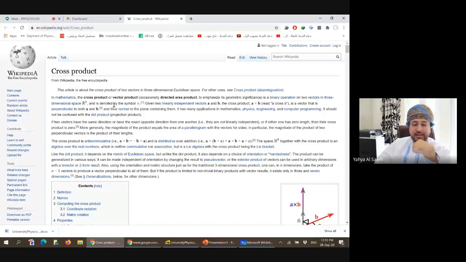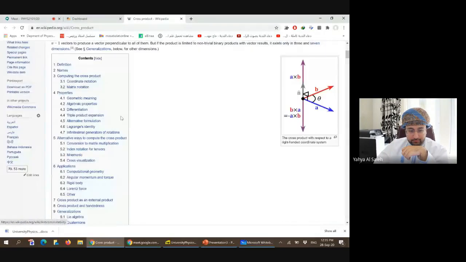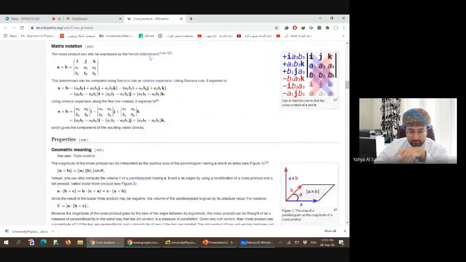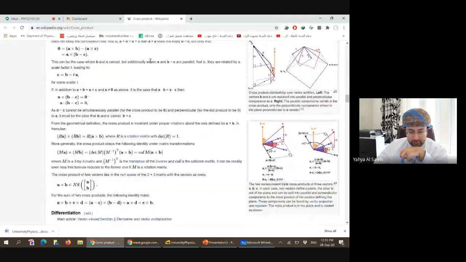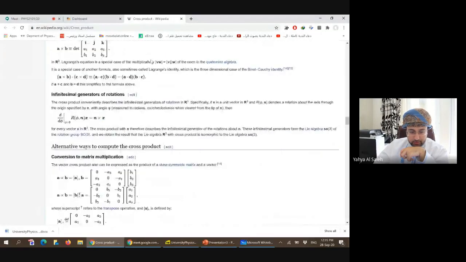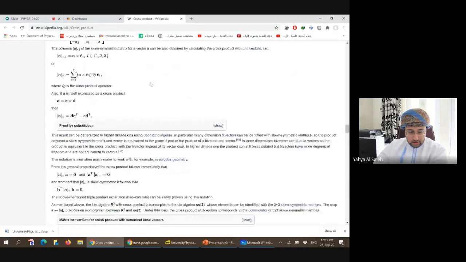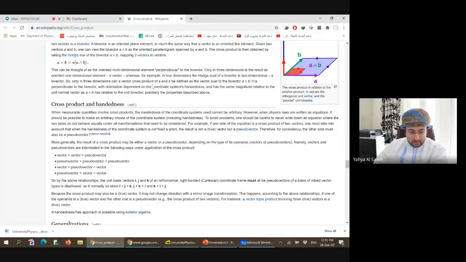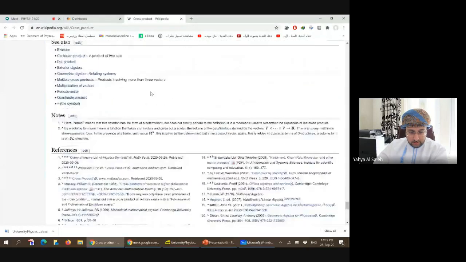Where can we use the matrix way, you mean? Anytime there is a cross product, you can use it. So definition, computing, matrix notation, geometric meaning, triple product, infinitesimal generators, alternative ways. You can see there's a lot of things here, but this is not the important part.